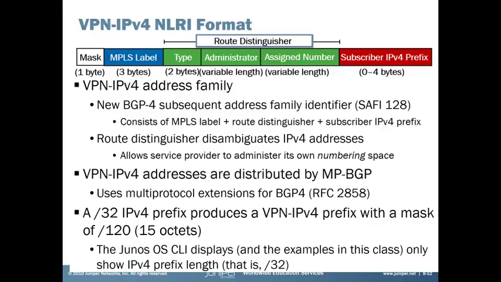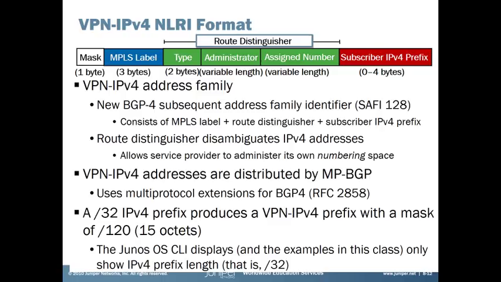This green bit is the bit we add as a route distinguisher. But while we're adding stuff, we also go ahead and add some other stuff that's going to set up a label switch path for us that we need to send the traffic through.